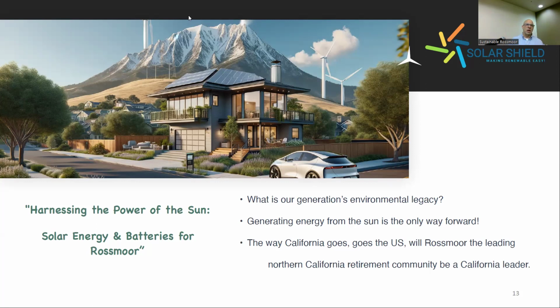Generating the energy from the sun is already a done deal. So California has already put a number of roadblocks of renewable energy. One of them, 2027, no gas furnaces or water heaters are going to be sold in the Bay Area. 2030, the rest of California will be the same.